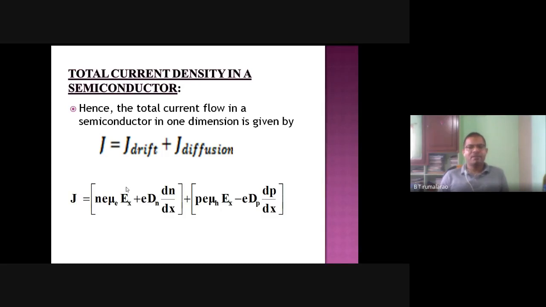But again I separated these terms, so only the electron drift and diffusion in the first term, and in the next term the holes drift plus holes diffusion. So dear students, this is the total current in the semiconductor, due to the electrons and holes by the drift current and diffusion current. So this formula is very important.